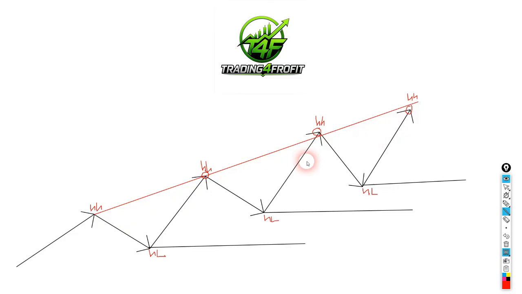In an uptrend, you can only go against the trend when you have three touches. We have one here, two, three. You can only go for the third one. After you see one touch here and one touch here, you can go with sellers here when you have a third touch.